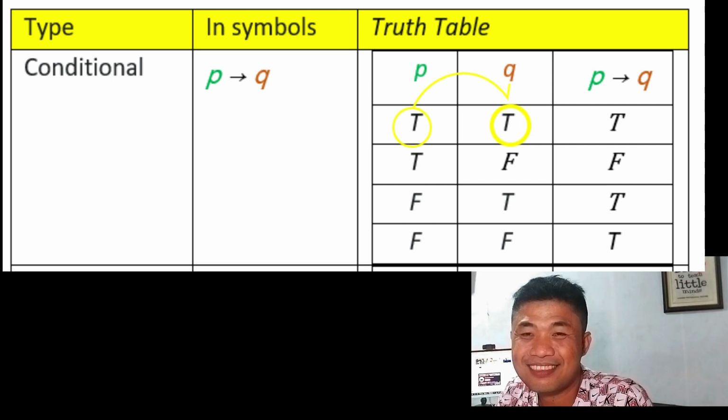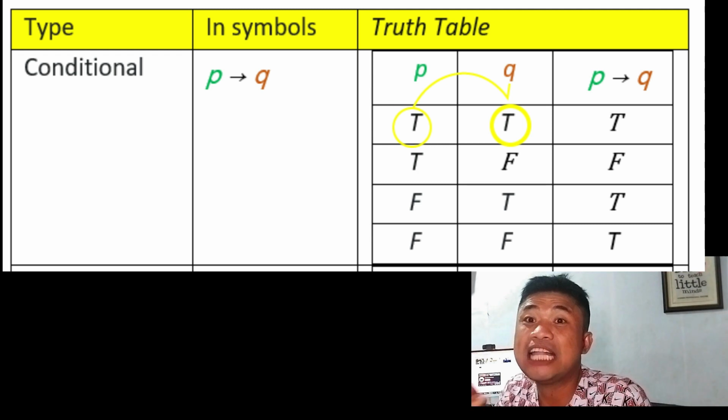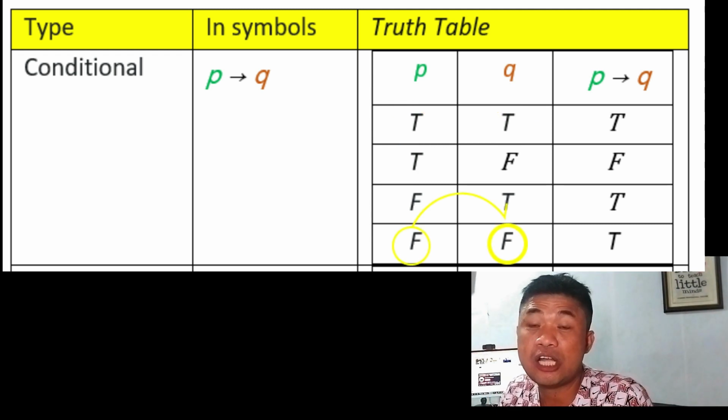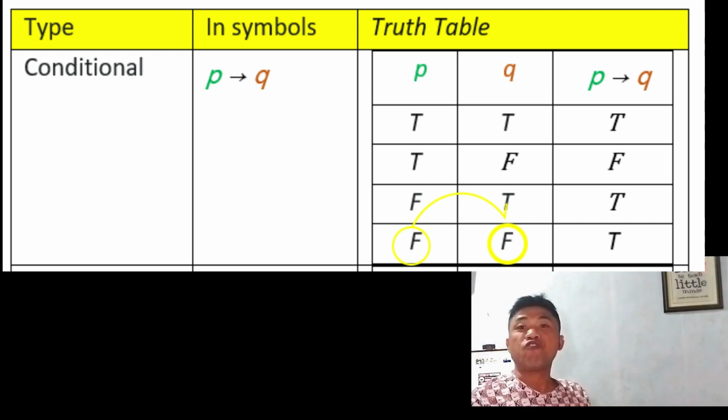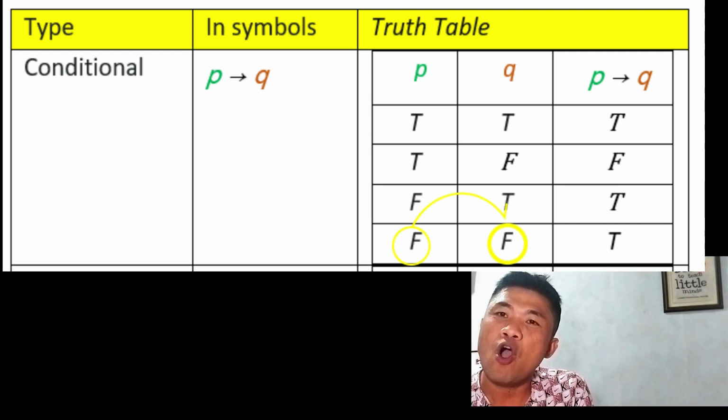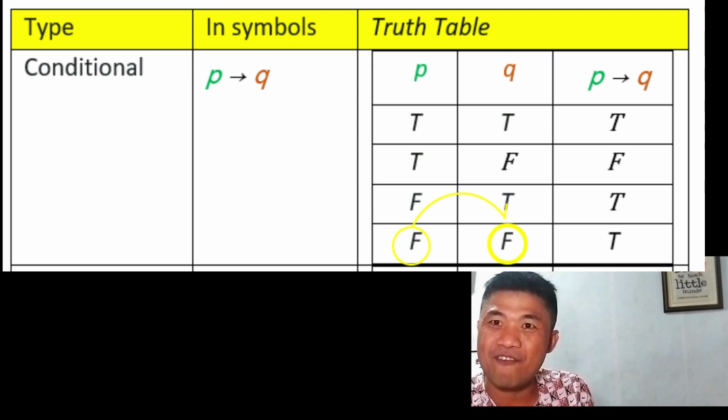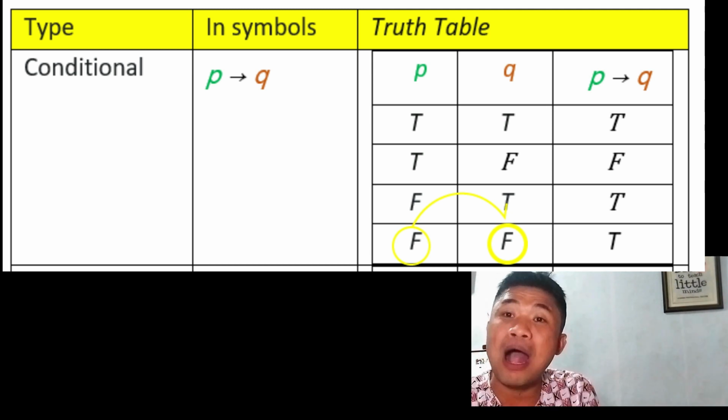If the then is false, the if statement is not the same as the value of the then. For example, the then statement is true. If the values of P and Q are the same, for example true, true, or false, false, then the compound proposition is true.